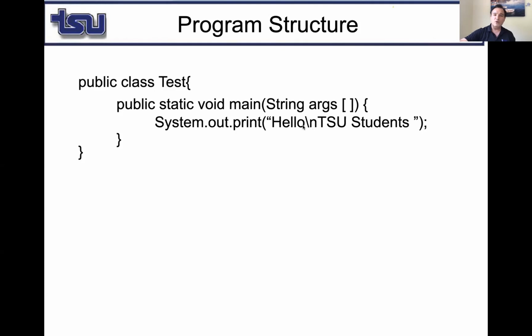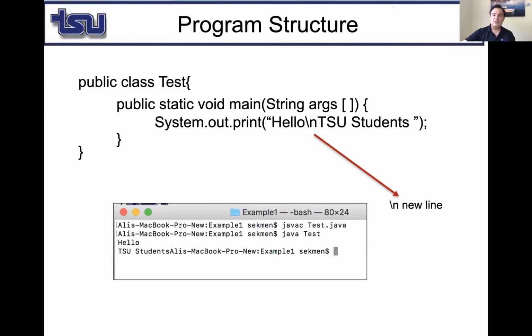It will print hello, go to the next line and type TSU students. But pay attention, this is print, not println, so the cursor will stay right after S. As you see here, it prints hello, goes to the next line, types TSU students, and then the cursor stays right there.